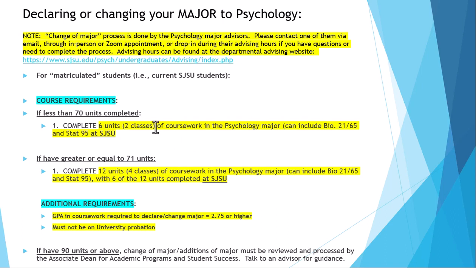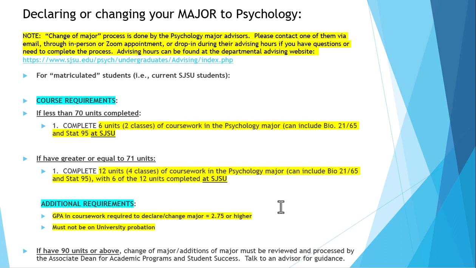So in these 2 classes, if you have earned less than 70 units, or in these 4 classes, if you've earned greater than 71 units, then your GPA has to be 2.75 or higher. And the final requirement is you must not be on university probation. Okay, so once you have completed all of those requirements, then you're going to come to a psychology major advisor so we can officially change your major to psychology.